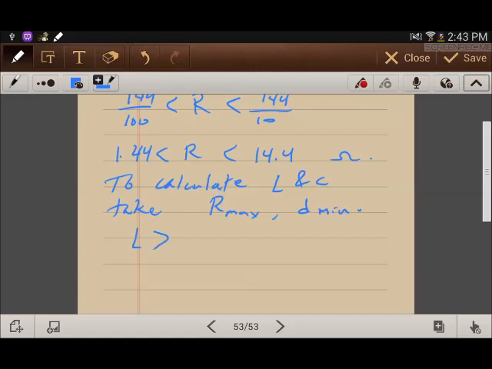If we look at the inductance that is needed for the CCM operation, it's going to be (1 minus D) R over 2F. And since D and R are variables, what makes this value maximum is when D is minimum, and when we take R as maximum.